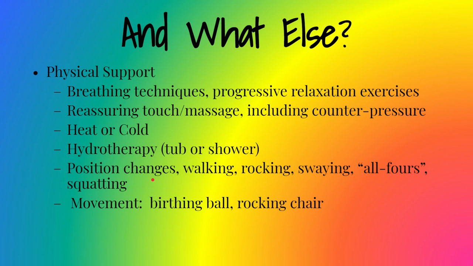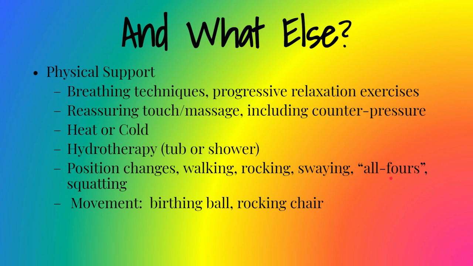Position changes can be very important. If mom is too tired to get up and walking, you can turn her from side to side. There are positions, hands and knees tends to help, especially with back labor. Getting mom up and walking and teaching her when the contraction comes, sway from side to side and rock, almost like you're dancing. You can put mom in a rocking chair.